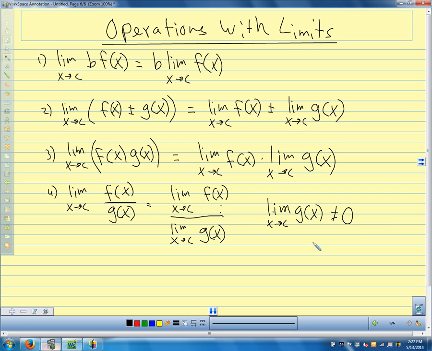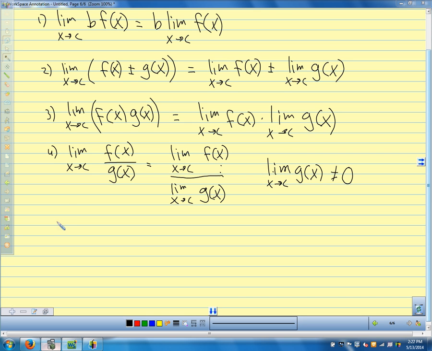Then we can just take the quotient of the limits. And if we have a function raised to a power, our last operation, the limit as x approaches c of f of x to the n, we can just raise the limit to the n power.